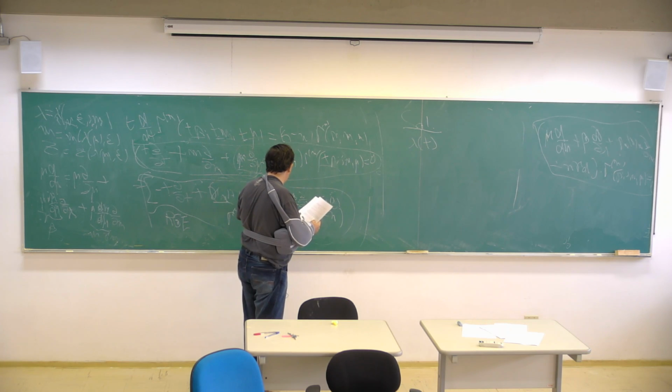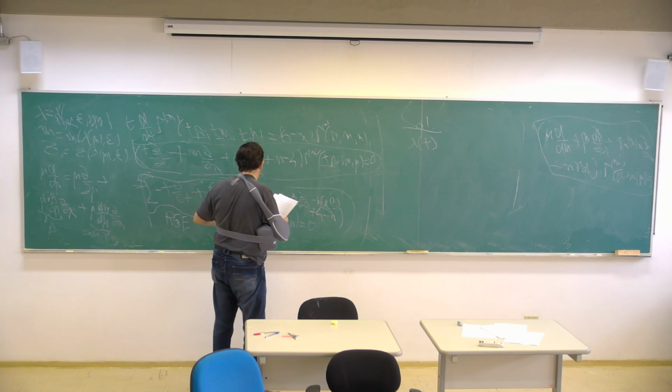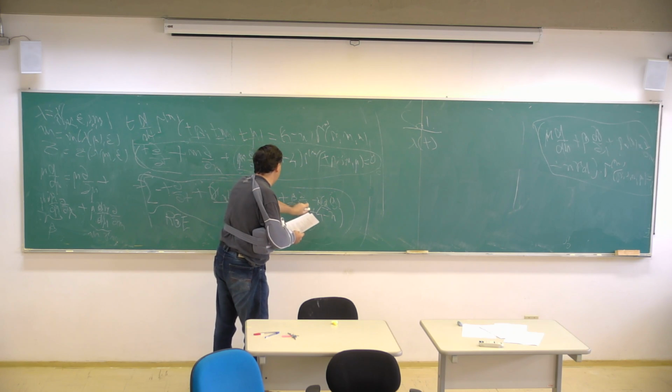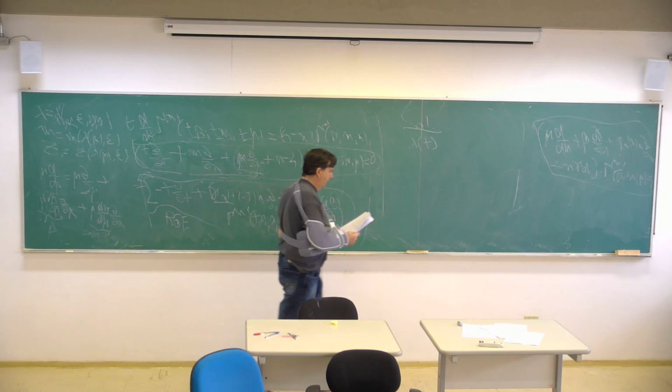And then also dependence on m. So what I'm supposed to do is to solve lambda in terms of t and m in terms of t.